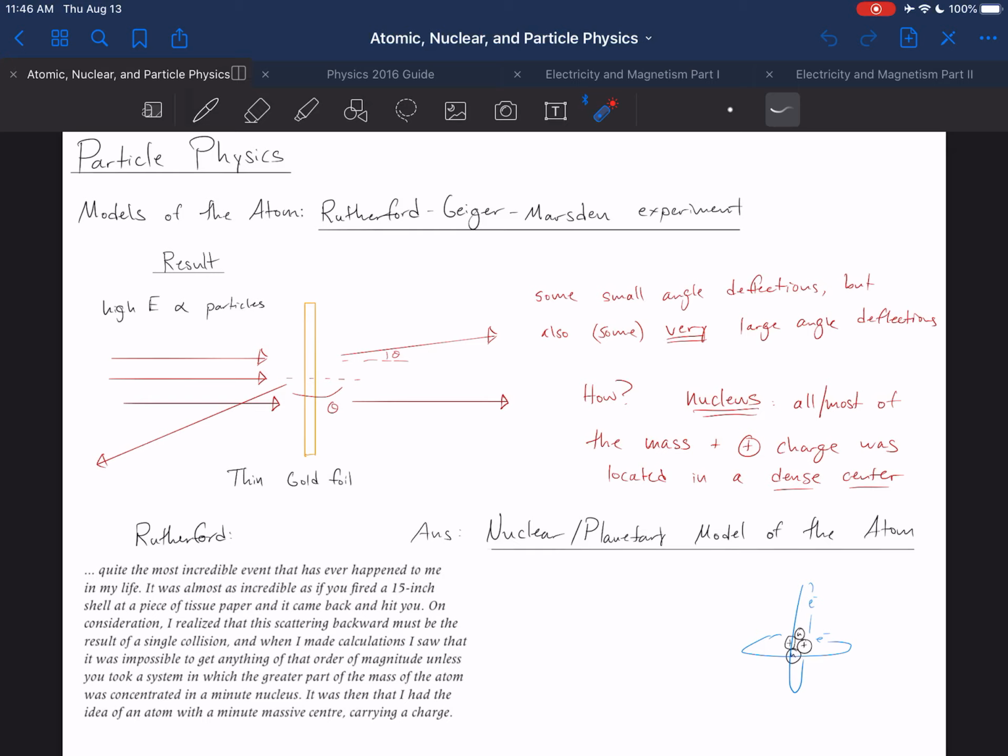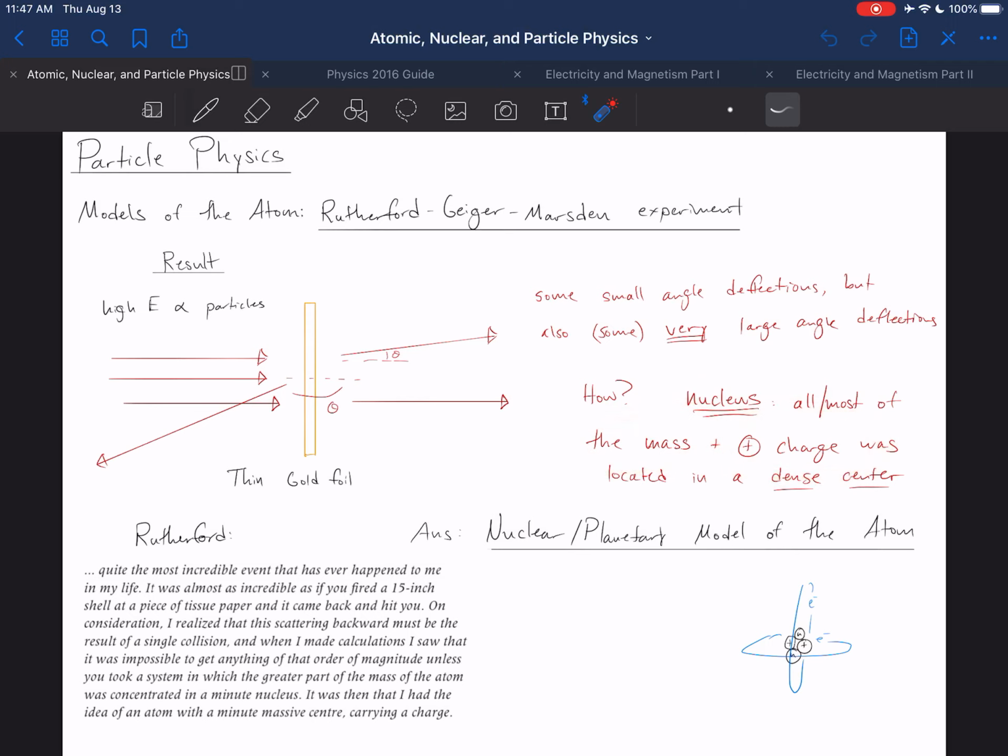And this experiment can be described as the discovery of the nucleus of the atom. It led to the discovery of the nucleus of the atom, because the only way to get these very, very large angle deflections is if your incoming alpha particle is literally colliding with particles that consist of virtually all of the mass and all of the positive charge in the gold atoms.